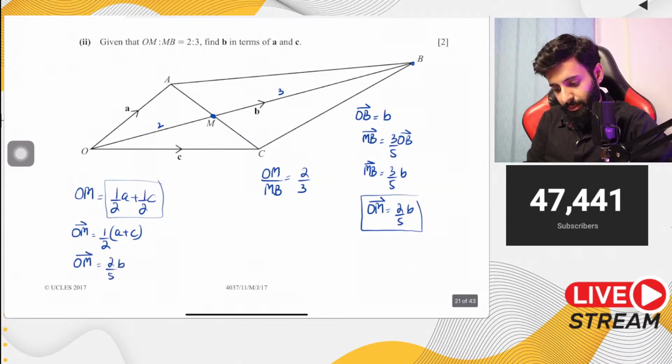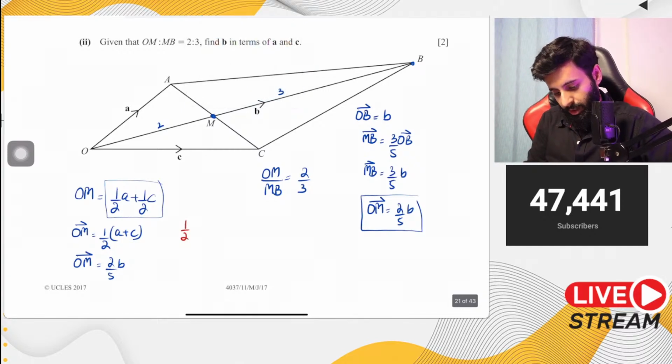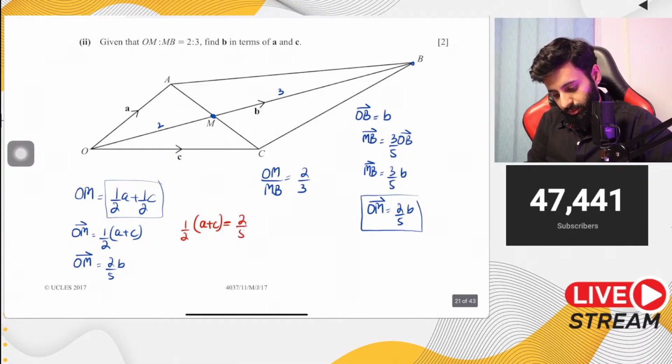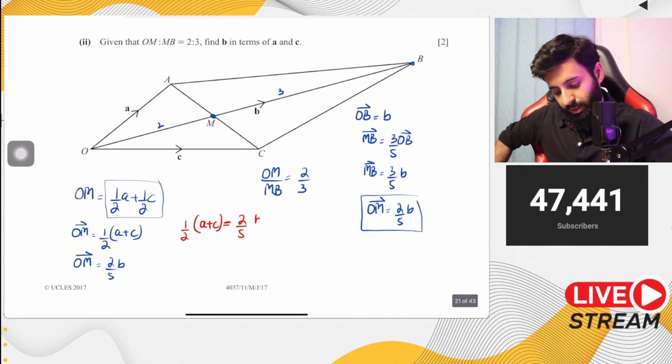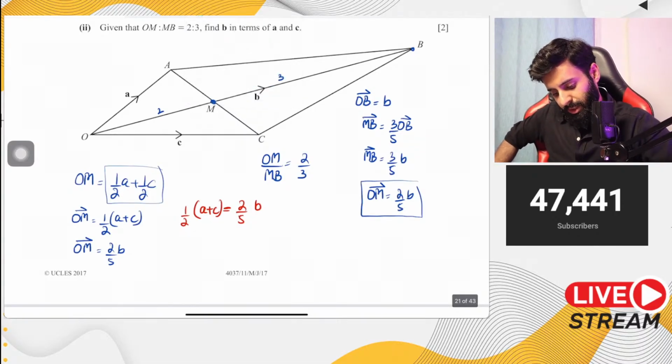Now what do we have to do? Now we have to equate both. So half of A plus C is equal to 2/5 of B. Let's cross multiply. There's nothing we can cancel, but because we want to make B the subject, just cross multiply.